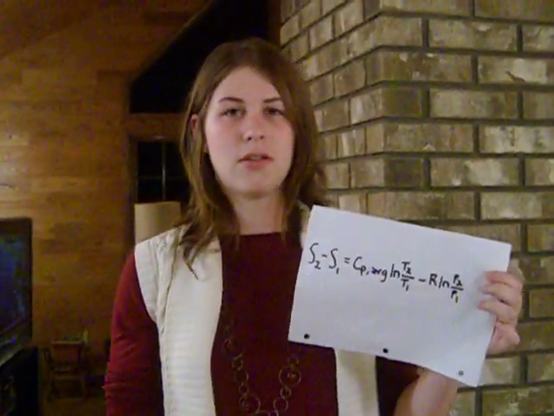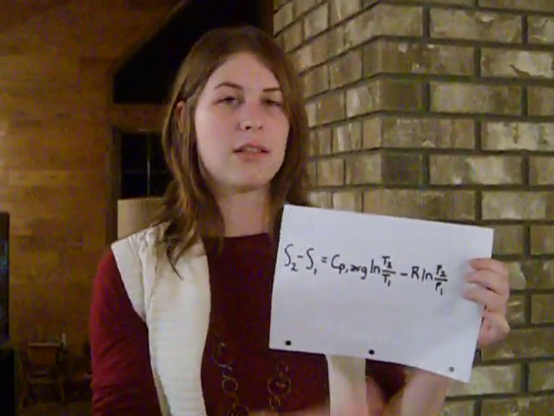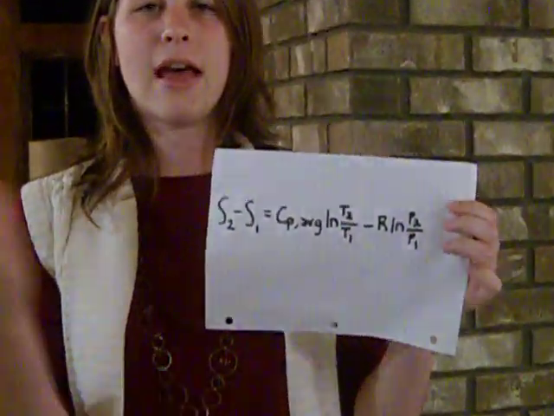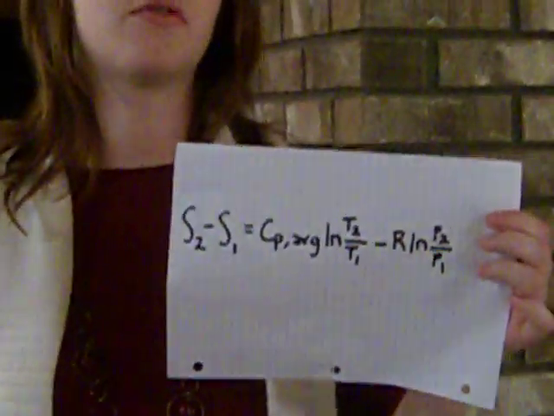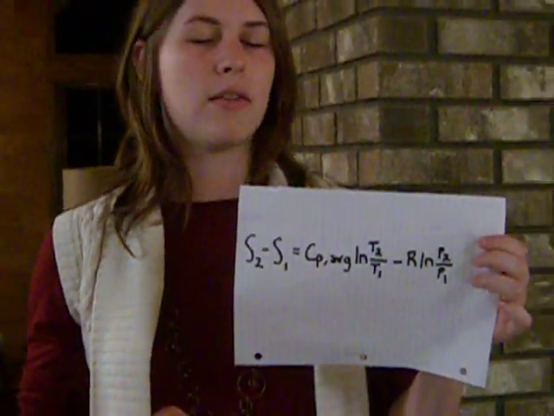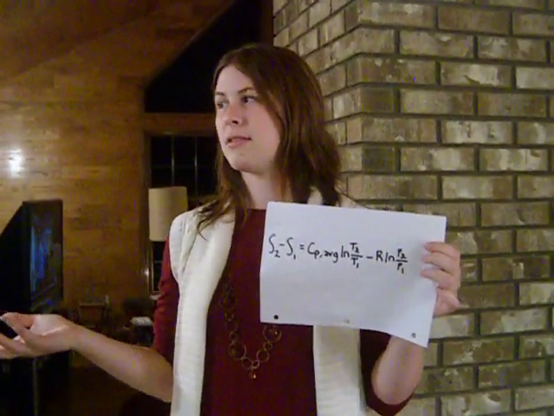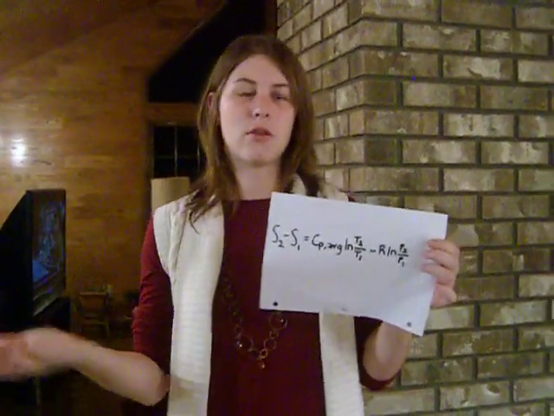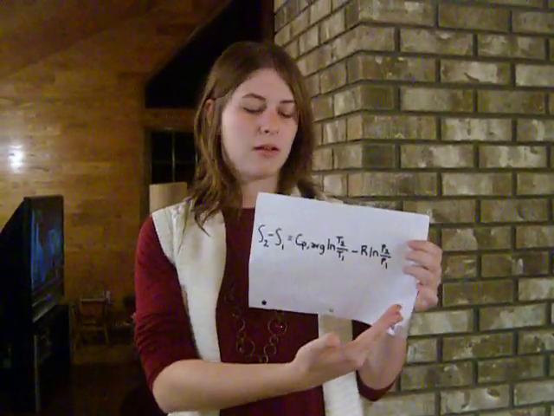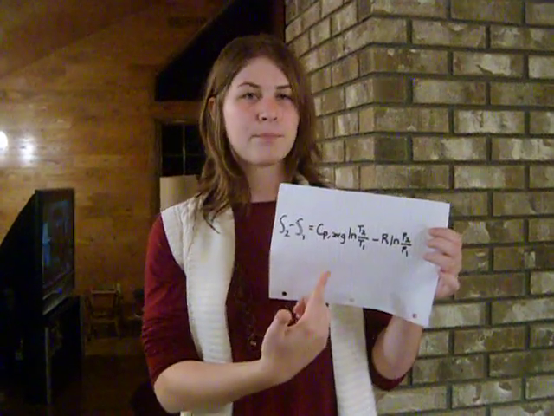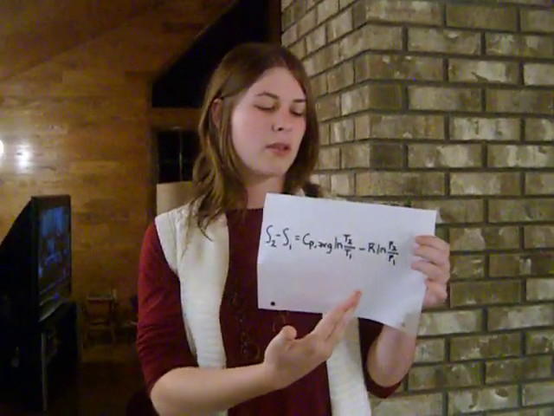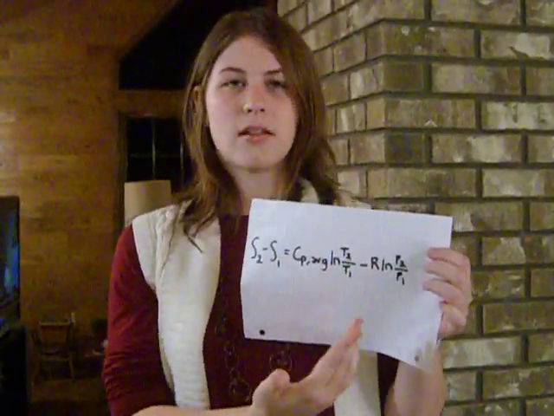And there are different equations you can use. This is one of them, which shows the temperature and the pressure changes as the oxygen molecules go through the pipe. But another case can be when the temperature and the volume changes. But in this case, since the volume is constant, since it's going through a pipe, we're using this particular equation, which has the specific heat, the temperatures, the ideal gas constant, and the pressures.